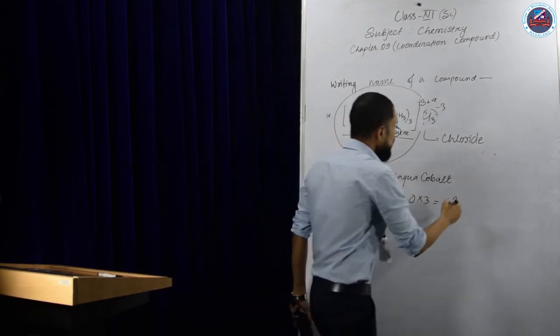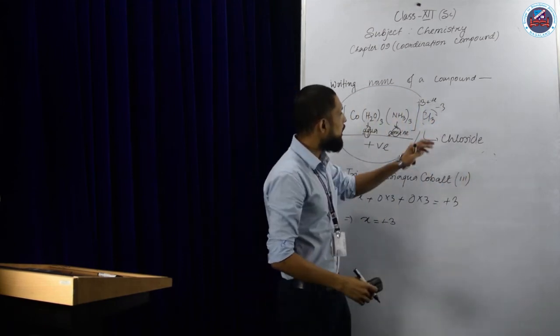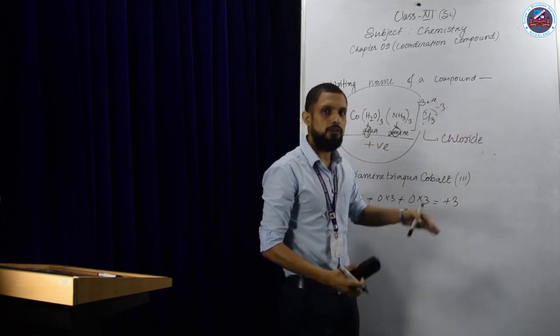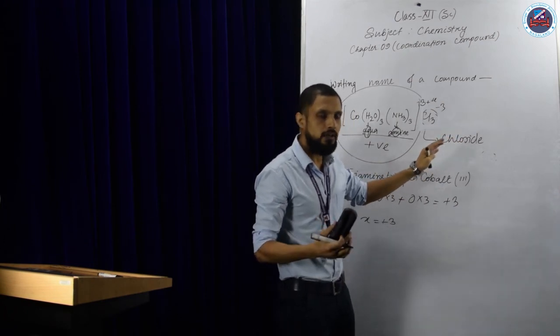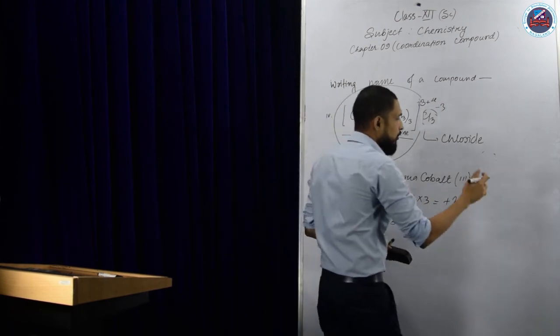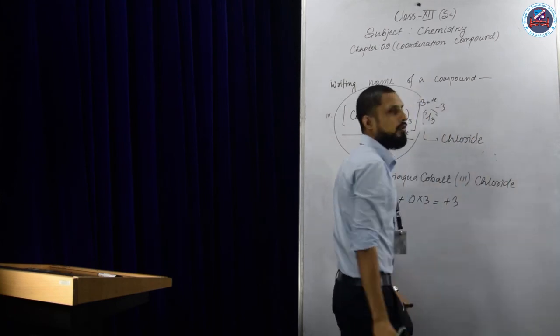So we'll write here cobalt(III). Next we have to write the name of the counter ion, that is chloride. Now since chloride is negatively charged, that is anionic, it will be written after the coordination entity. That means on the right hand side. It is written as chloride.